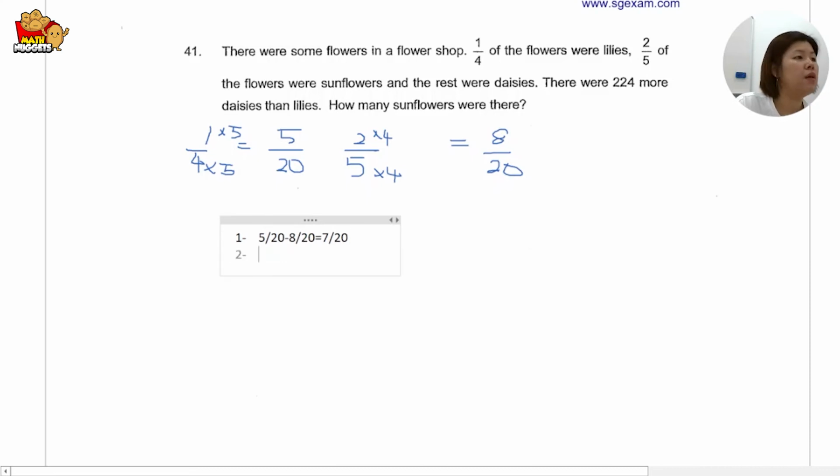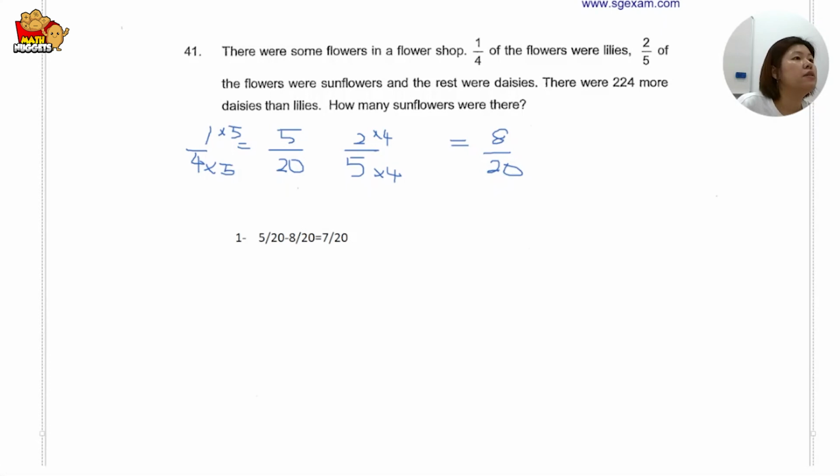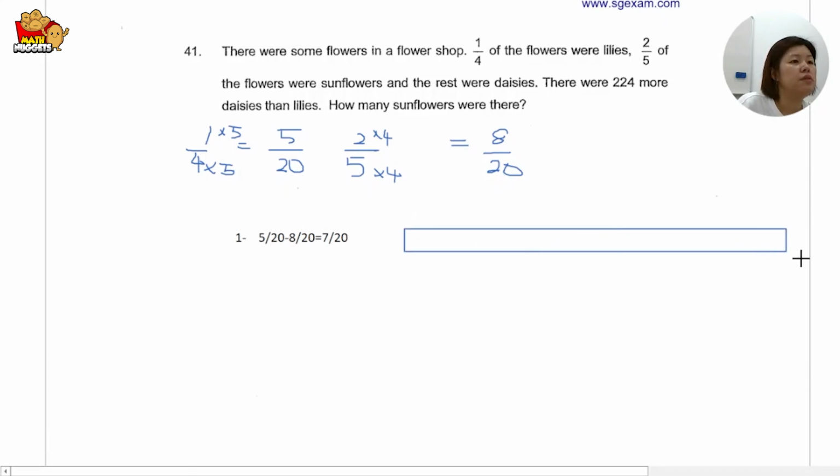Okay, so 7/20 is actually my daisies, which means that I can draw a model. I can cut it into 20 parts.